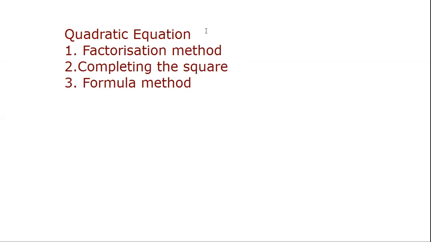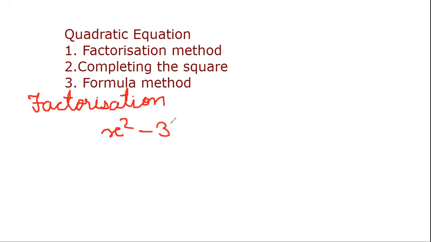So the first method is the factorization method. In the factorization method, we are simply solving the equation by splitting the middle term. What is splitting the middle term? Suppose a question is given: x square minus 3x minus 10 equals to 0.